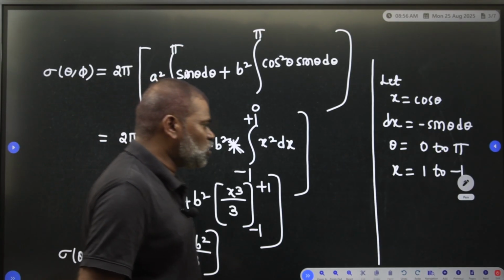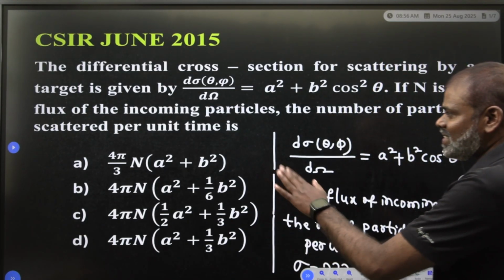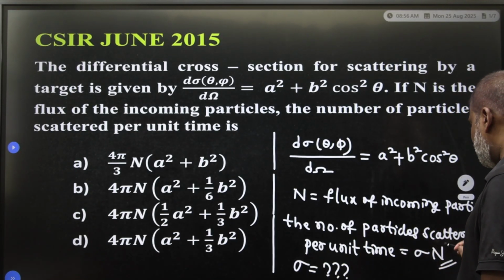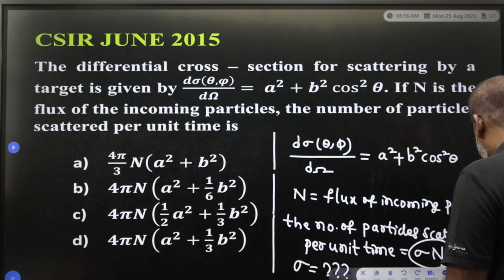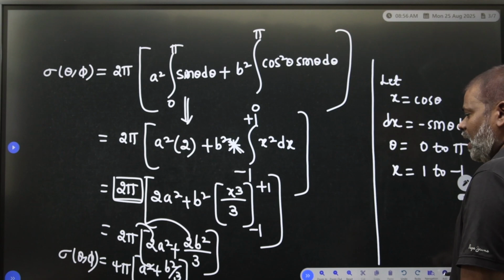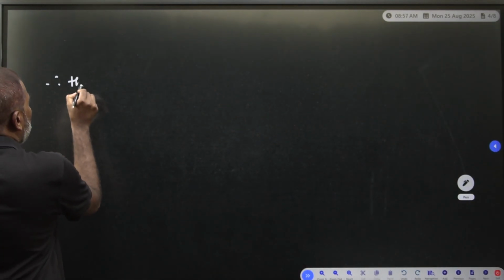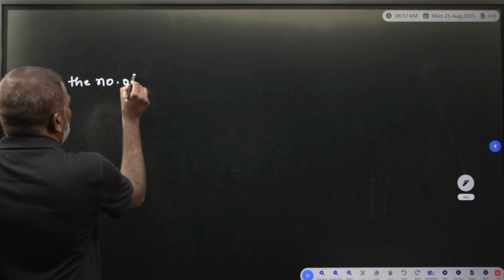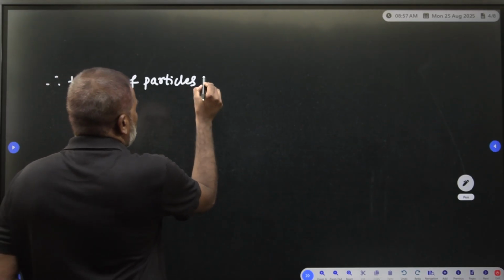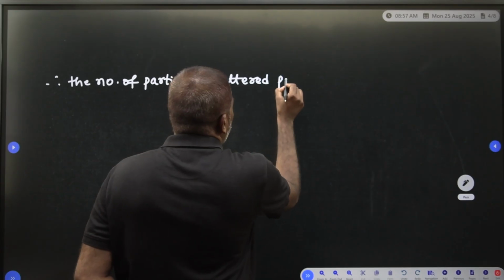But what are we going to get? We are going to get the number of particles scattered per unit time.